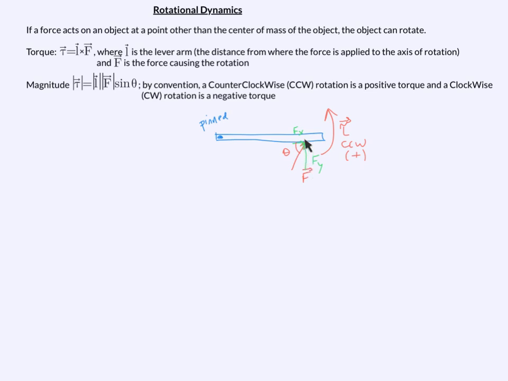You'd have to push perpendicular to this beam for the object to rotate like this. Pushing along the beam, either pulling or pushing in, will not cause a rotation. So that's where this sine theta comes from. The y component here goes with a sine theta, and that's how this equation was derived.